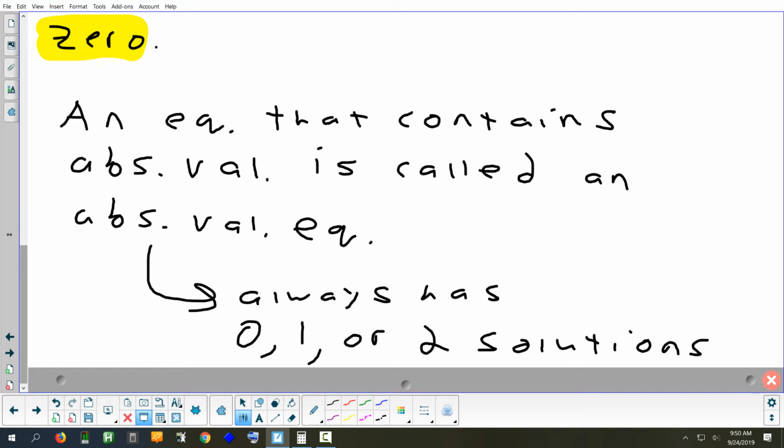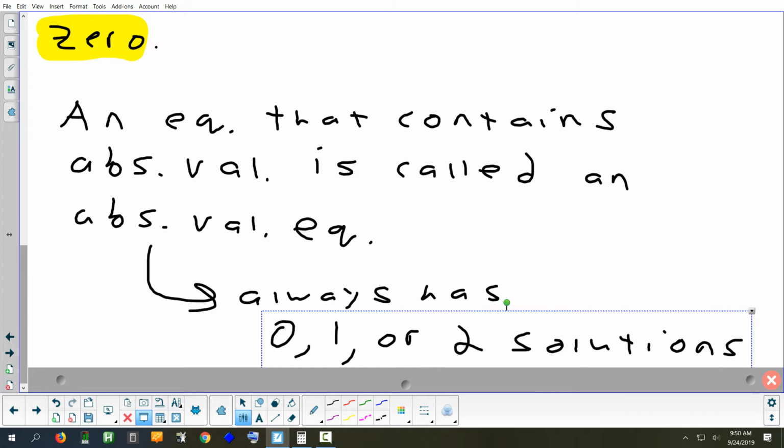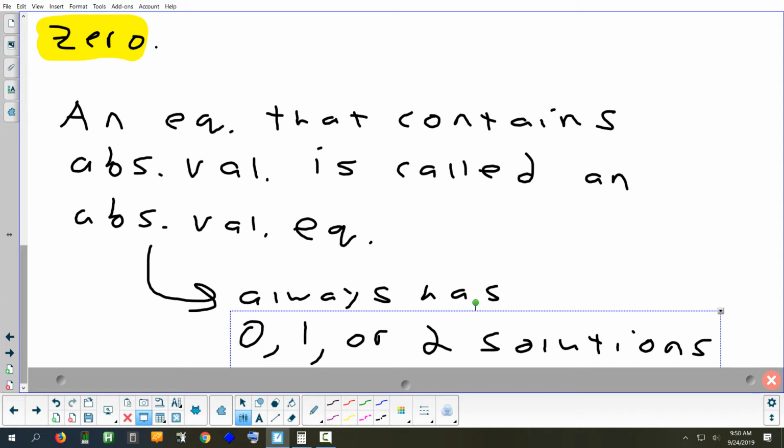It is possible that you get an absolute value problem that only has 1 answer, just like the problems we've done all year so far. But you can also get an absolute value problem that has no answers. So out of these 3 different things that can happen, I'll probably pick a couple of them and put them on the test.